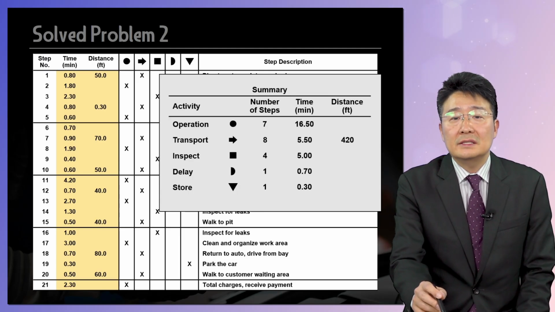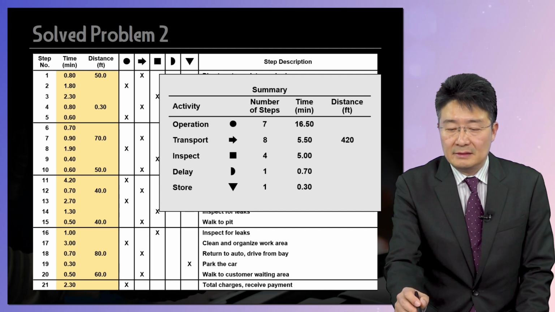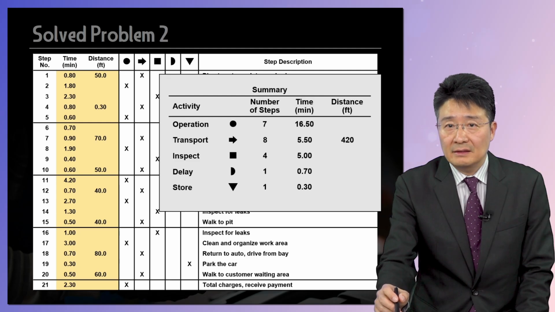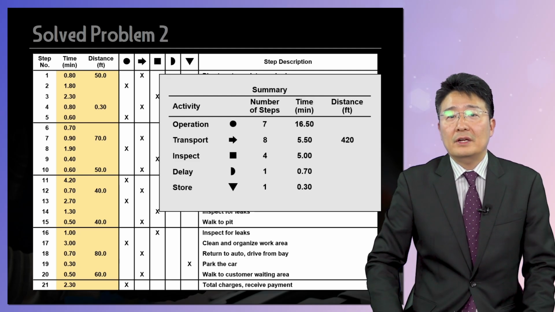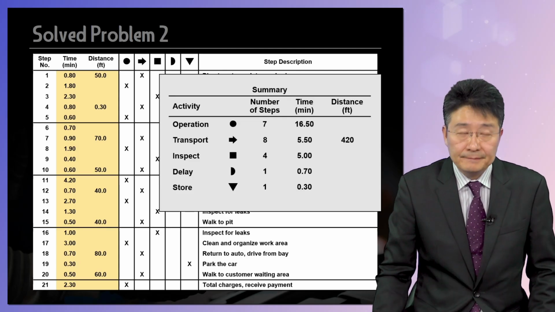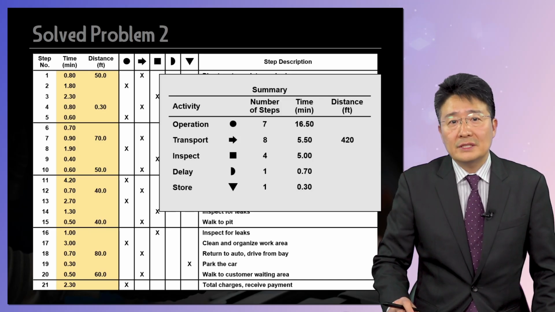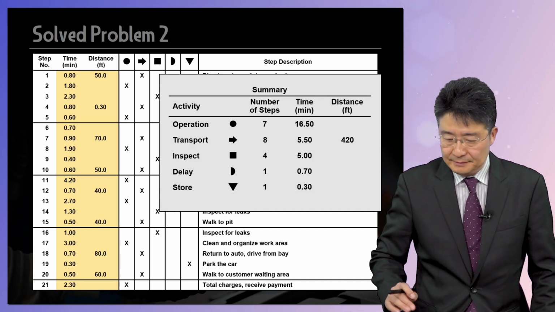Okay, transport is denoted by this arrow, the number of steps is 8. The total time is 5.50. Transportation distance is 420 feet. Okay. In this way, we can develop the process flow chart.